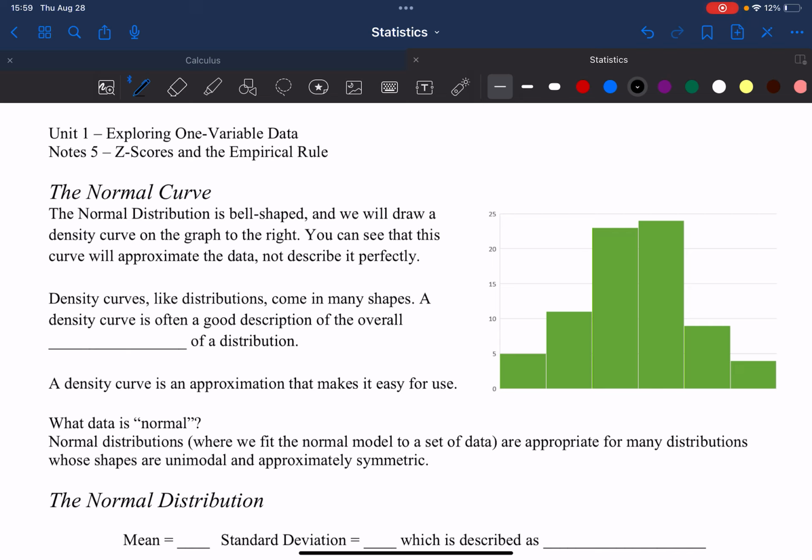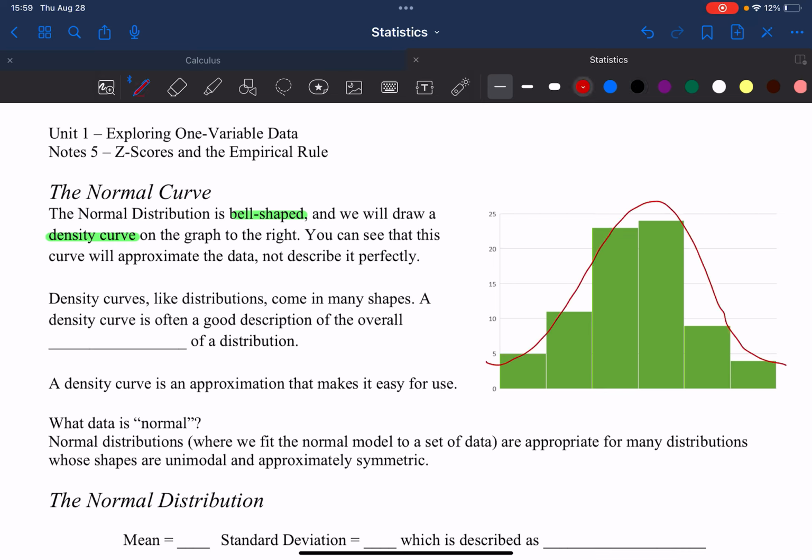A normal distribution has a bell-shaped curve, and what that means is we take any graph, for example the histogram that we have off to the right, and we can draw a density curve on top of that graph. And what that is, it's an estimate of the data. So this would be our density curve.